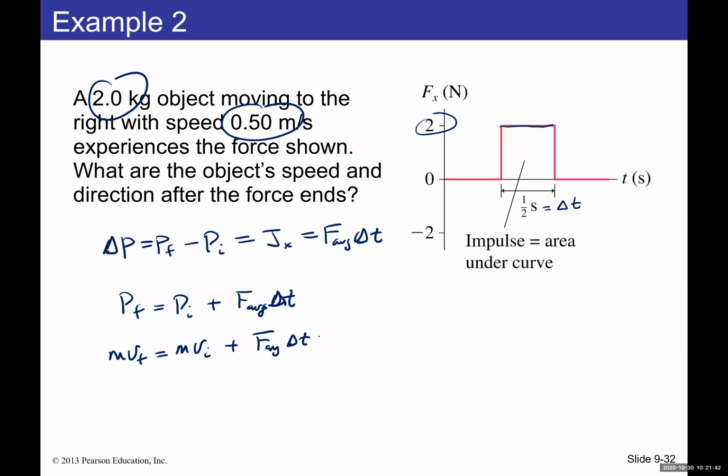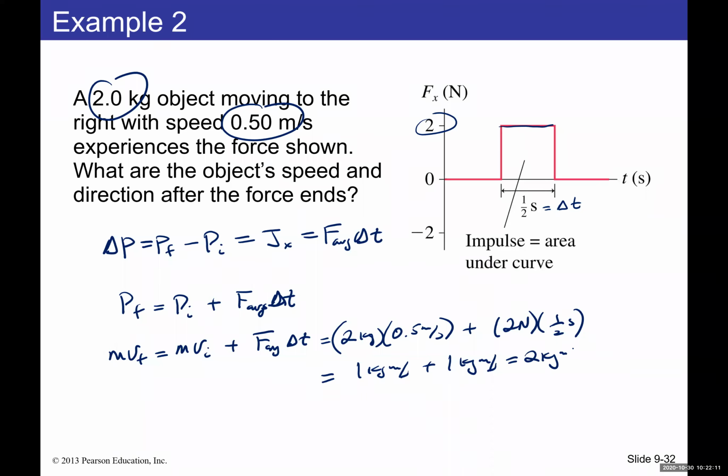I can do that by first finding the final momentum, which will be 2 kilograms times 0.5 meter per second, plus 2 newtons times half a second. So what I get here is 2 times 1/2, so it's 1 kilogram meter per second, plus 2 times 1/2, another 1 kilogram meter per second. So this is 2 kilogram meter per second.